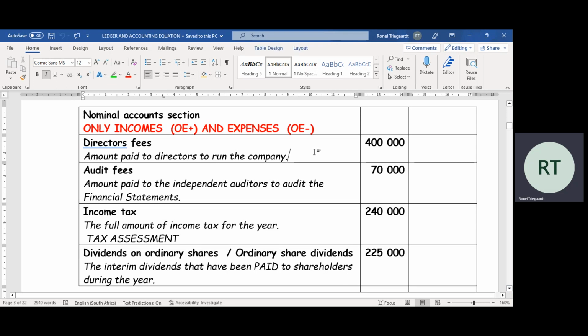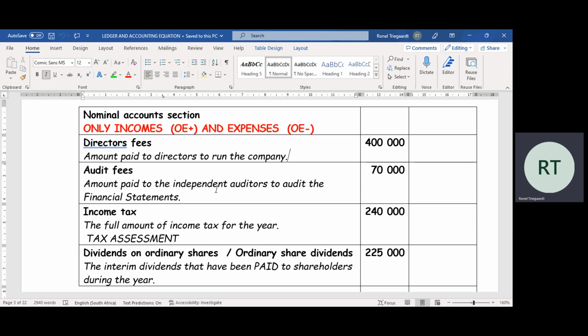So directors' fees are the amount paid for the directors. It's an expense. It's a new expense. Audit fees: remember, a company must have an independent or external auditor. That person must be registered at SAICA or SAIPA, a board certified or chartered accountant.